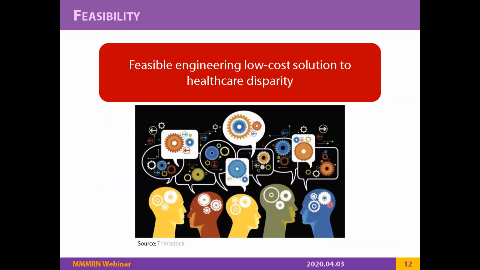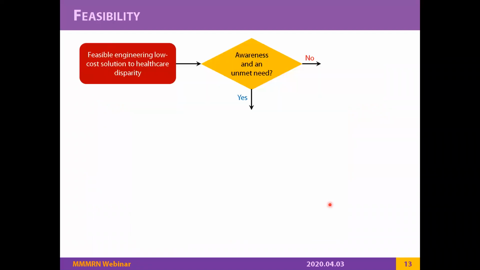So the question is, can we engineers provide any solution to address this disparity? Because everyone has a right to a healthy life, right? So we're going to ask a series of questions, and the answers will answer our previous question: can we do something? The first question is, is there an awareness or unmet need? Do we really need to do this?